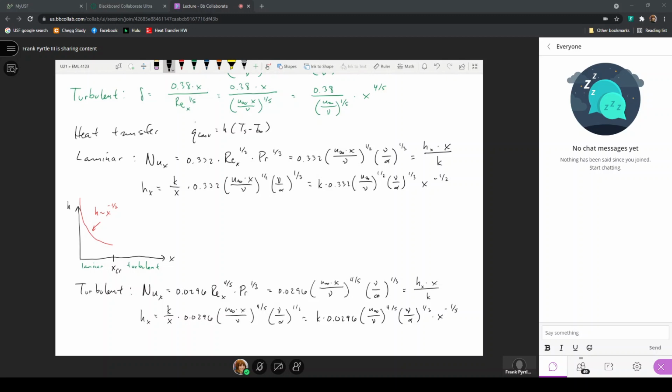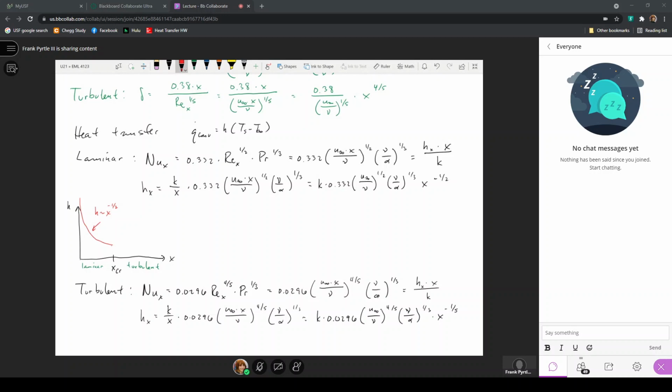Now this just says that the heat transfer coefficient will decrease with x, just like it does in the laminar flow condition, but it just decreases at a lower rate, x to the -1/5 rather than to the -1/2. So here, due to that transition region that physically exists being reduced to a transition point, here we would actually have a different starting point at the same position.